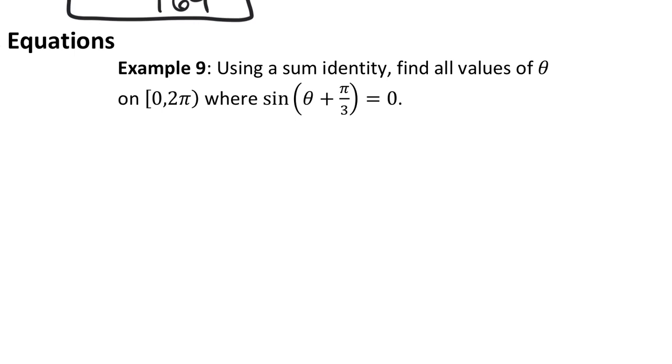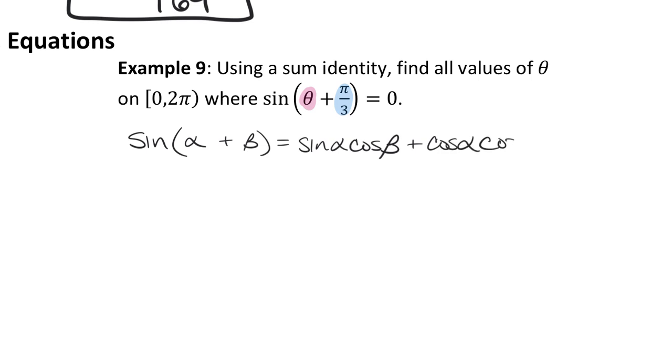So what I'm going to do is write down the sum identity as if this is alpha and this is beta. And I'm going to use this color scheme to help us out here. The sine equation, I'll write down since it's on the other side of our paper, is sine of alpha plus beta equal to sine of alpha cosine beta, plus goes with plus here, cosine of alpha sine of beta.